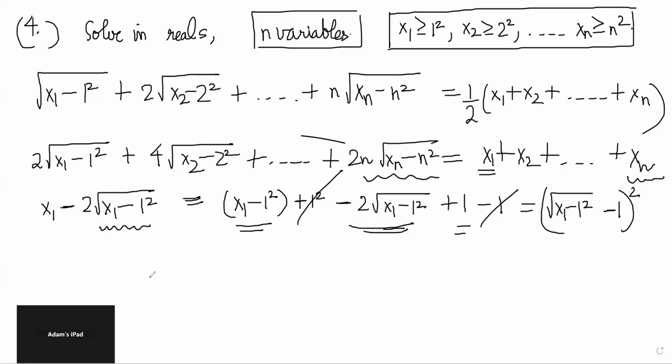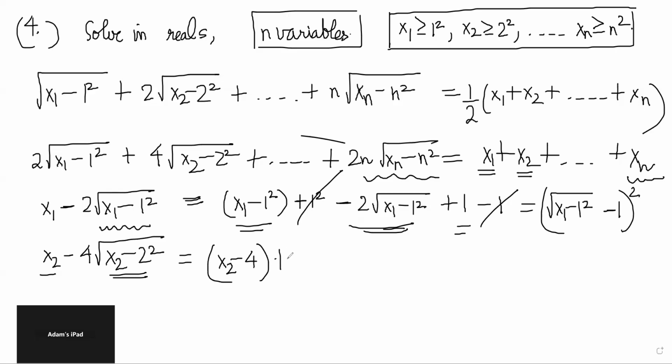See what happens with the second one. x2 minus 4 times root over x2 minus 2 square. What do I need here? I need to do x2 minus 4, so I need to add a plus 4, minus 4 times root over x2 minus 2 square.